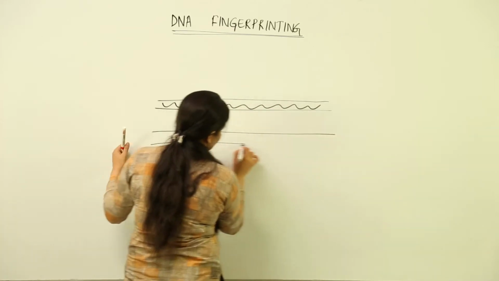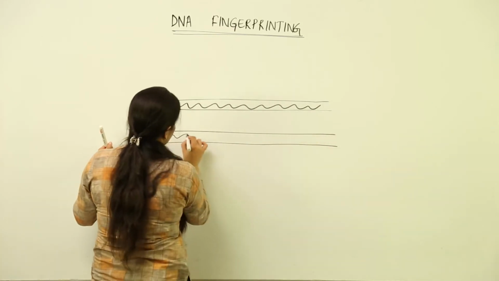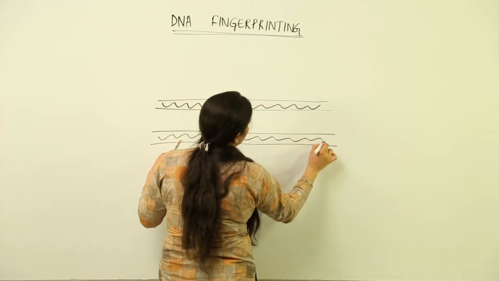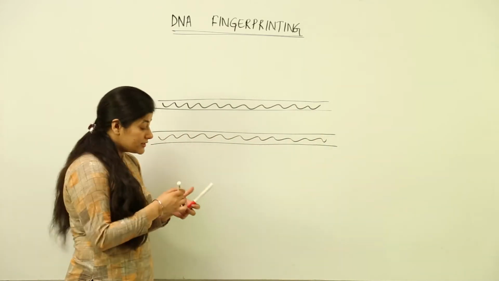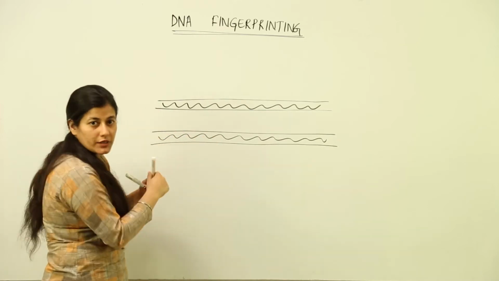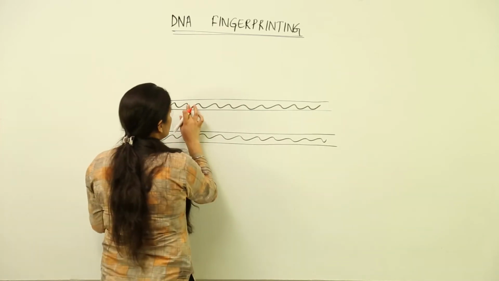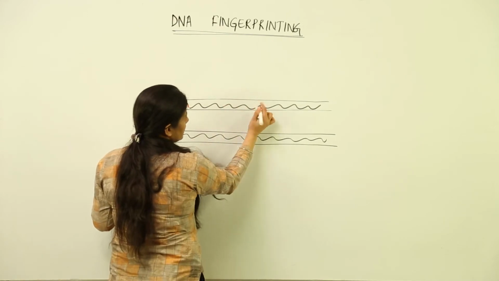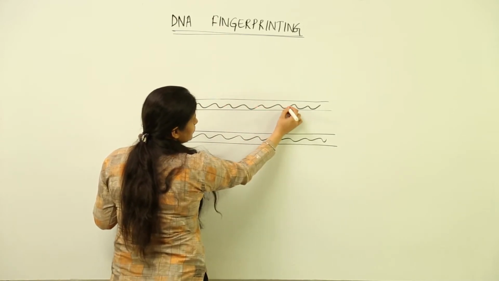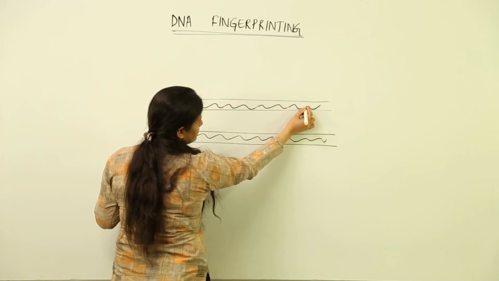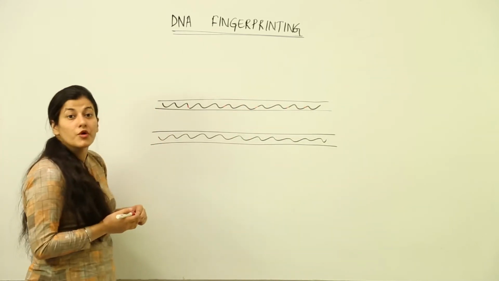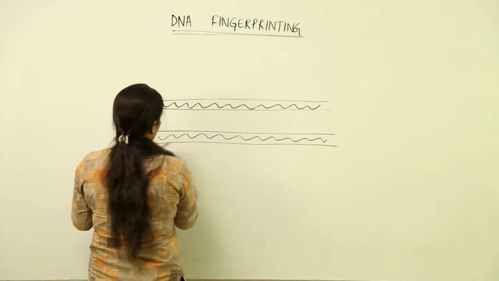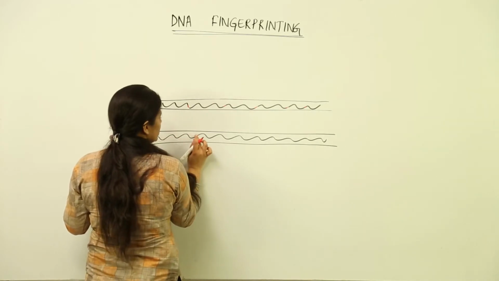Now, there is one statement that 99.9% of the DNA is similar, as I have tried to present over here. Now, that 0.1% difference lies either over here, or here. Rest all is similar. This is the point of difference, the 0.1% difference. And in the other individual, it would lie over here.